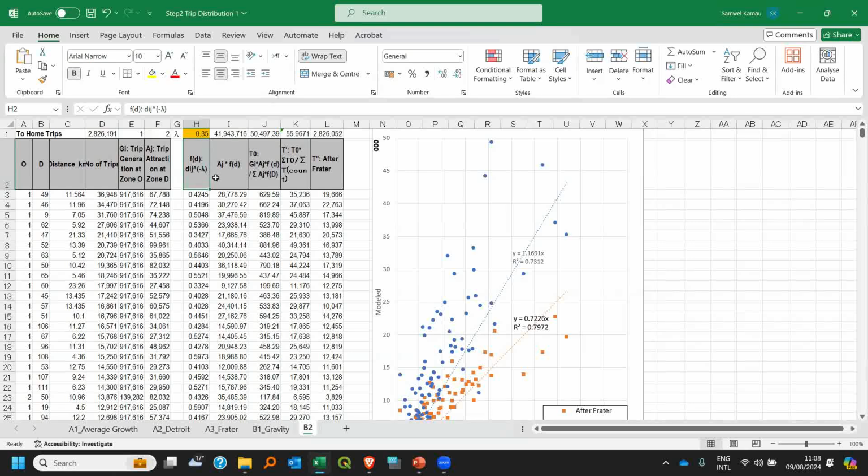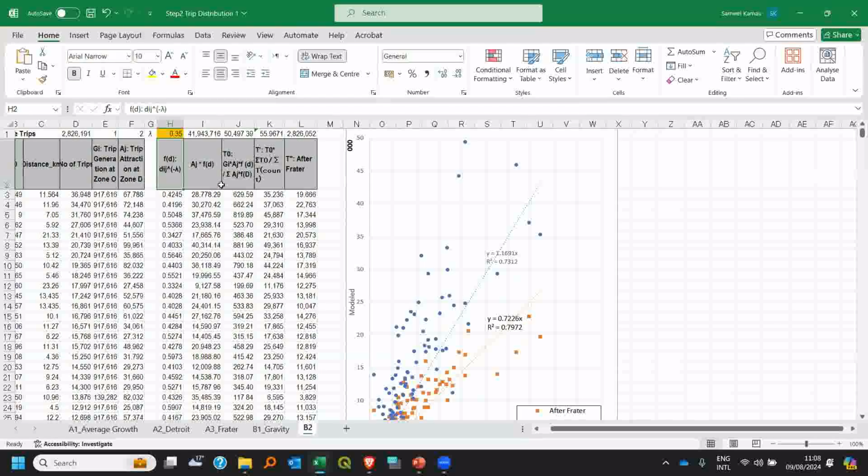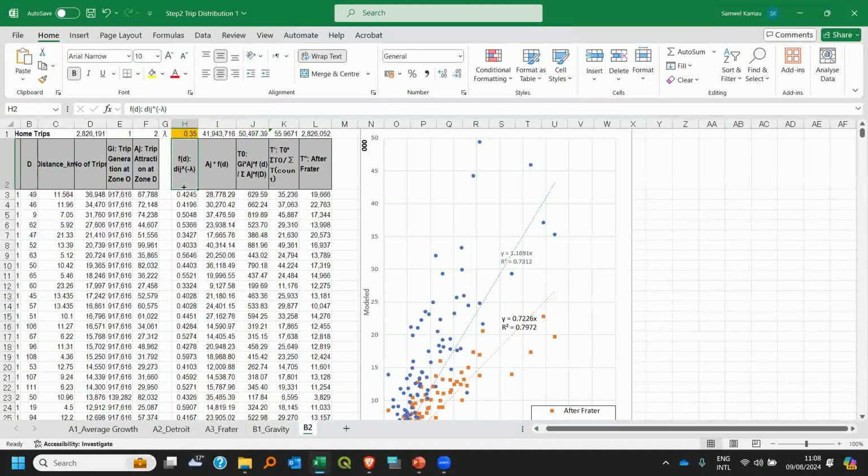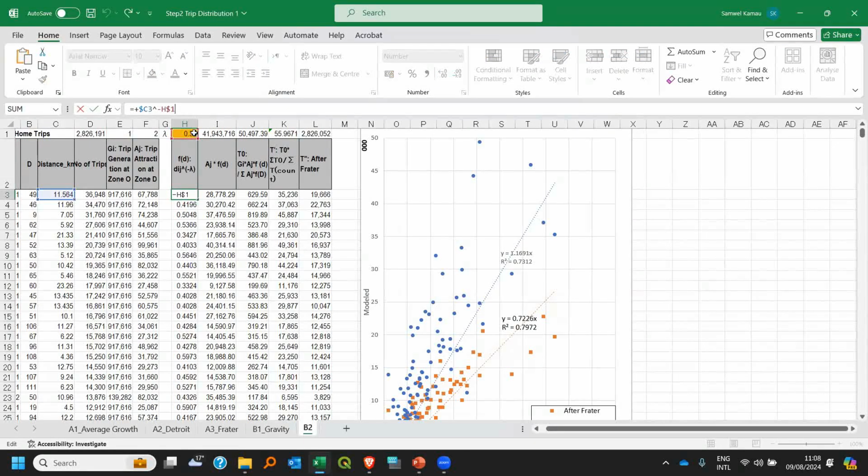Then this column shows the zonal impedance. You can see this value is developed as a parameter of the zone impedance. So D squared, 0.35, is this zonal impedance.